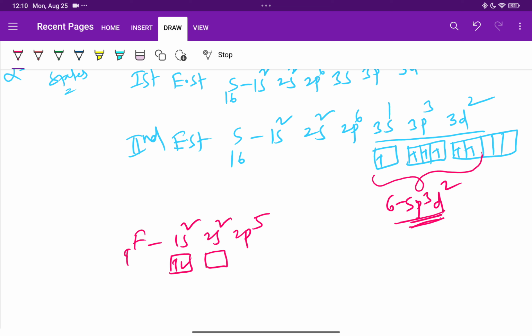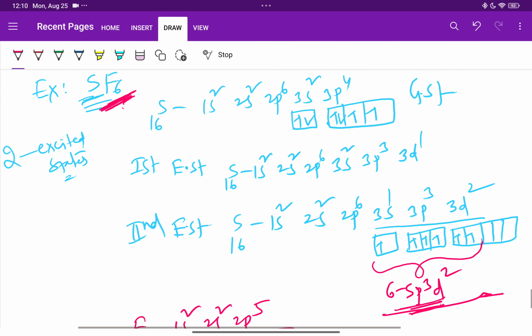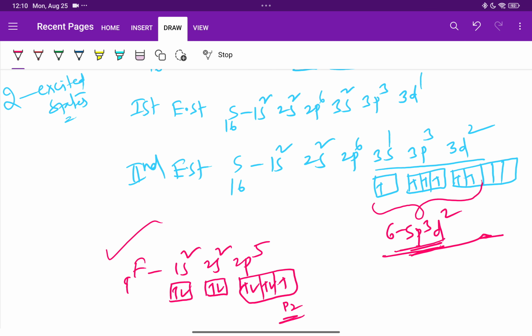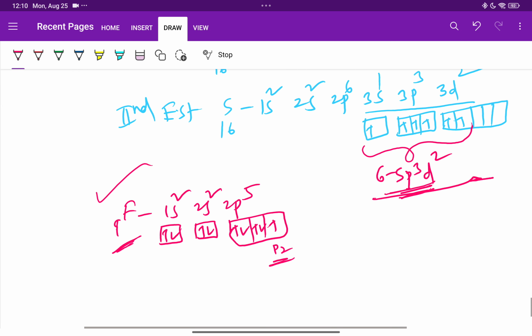So the unpaired electron is present in the fluorine valence shell pz orbital.